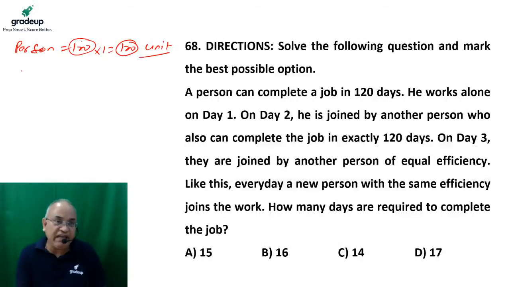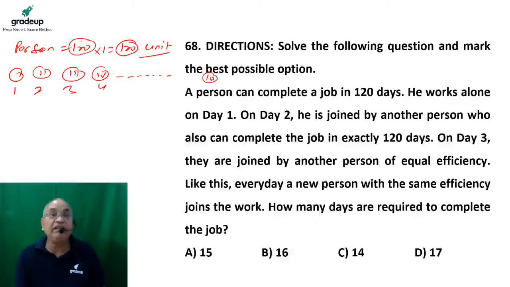Now on the first day, only one person is at work. He has done 1 unit of work. On the second day, 2 persons will be there, so the work done would be 2 units, because each has done 1 unit. On the third day, 3 persons are there and they have completed 3 units. On the fourth day, 4 persons, and keep going on like this. On the 10th day, there are 10 persons and 10 units of work completed.